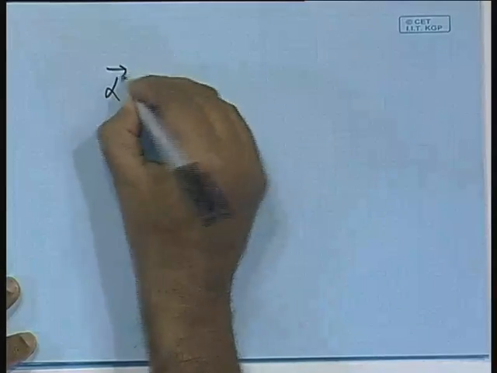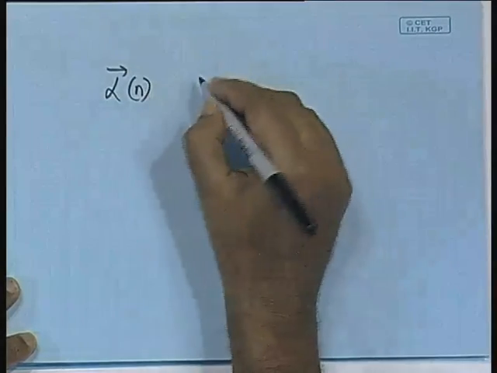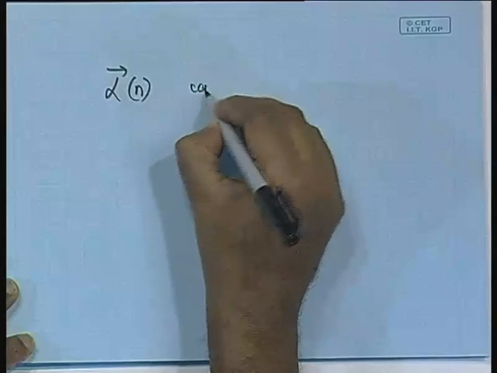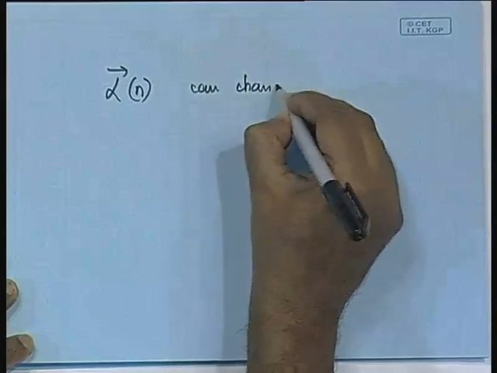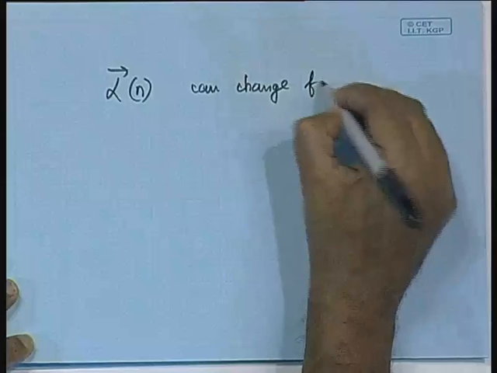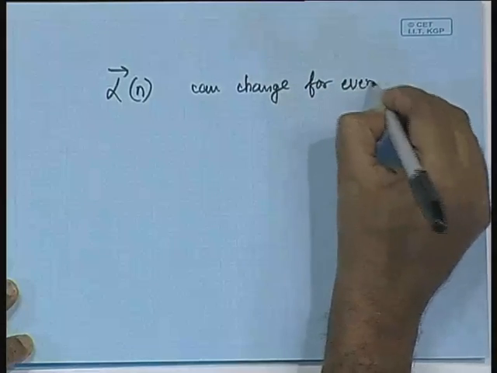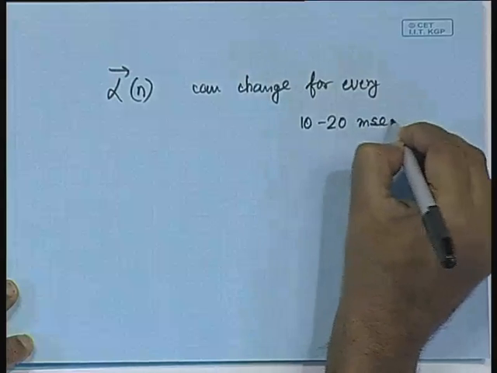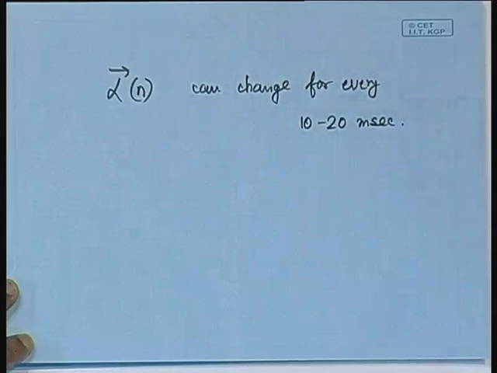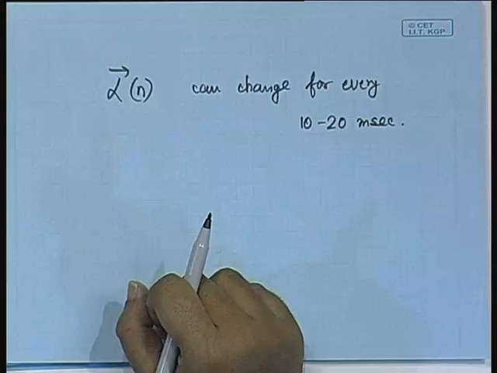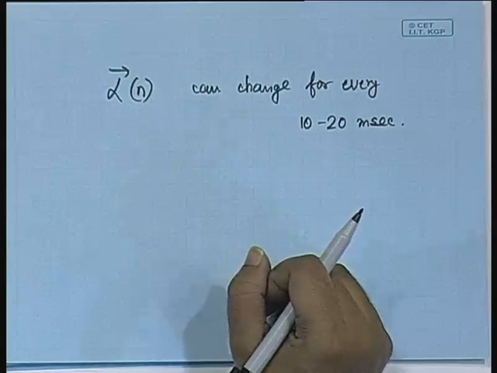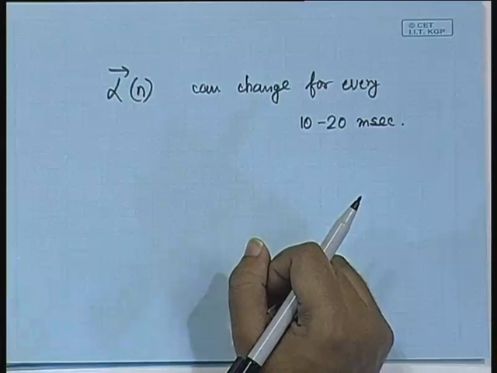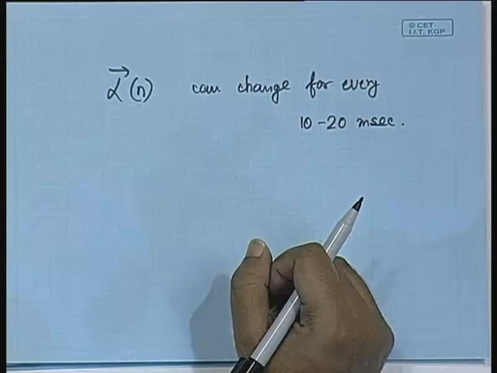So, it is observed that this alpha n, the alpha vector elements as a function of n, can change every 10 to 20 milliseconds. That is quite a slow change, and the window duration may be equal to the interval between these estimates.